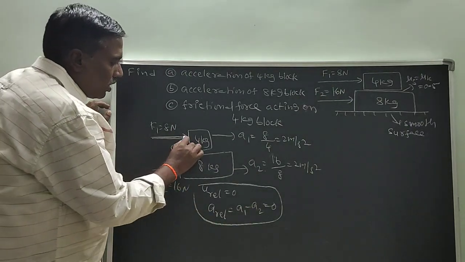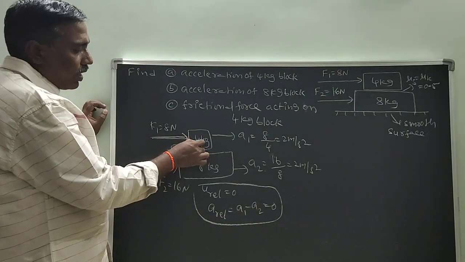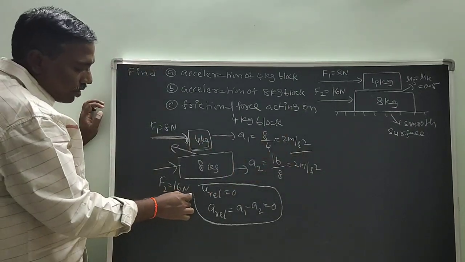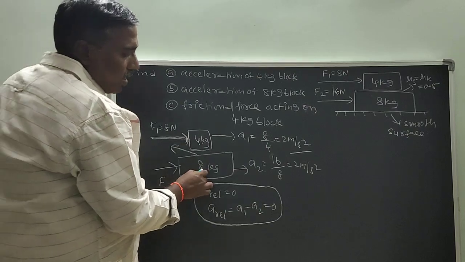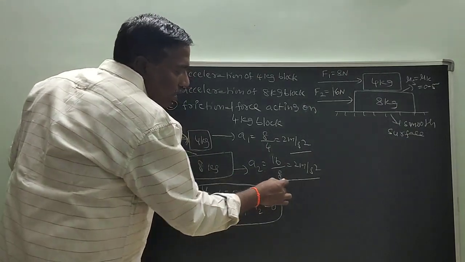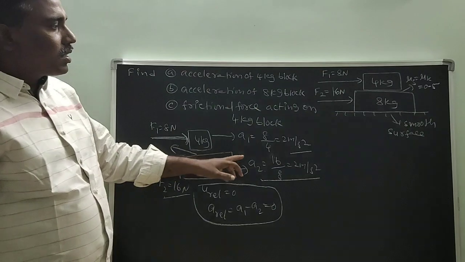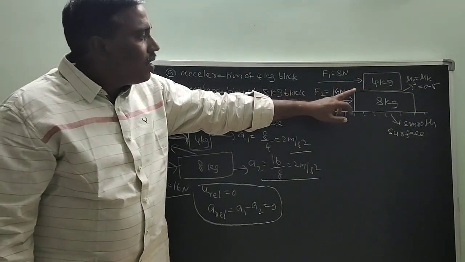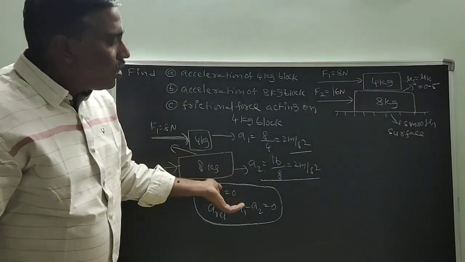Here 8 Newton is applied on the 4 kg block. It has acceleration 2 meter per second square. 16 Newton is applied on this 8 kg block. It has acceleration 2 meter per second square. So in this case, friction is 0.